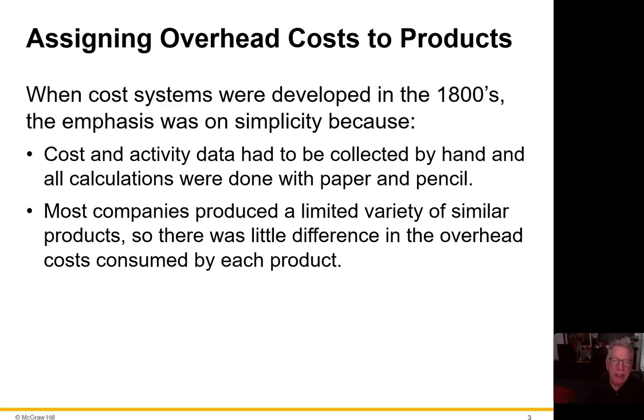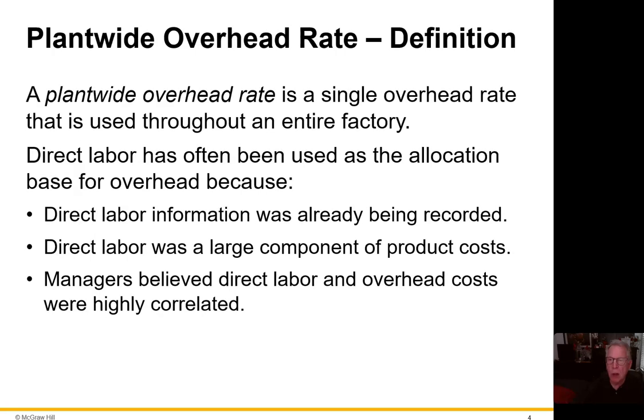So there was very little difference in the overhead costs consumed by each product. And also, what they don't show on this slide is that overhead contributed a smaller proportion of the costs than they do today. More automation, et cetera, accounts for that difference between the 1800s and modern days. So let's take a look.